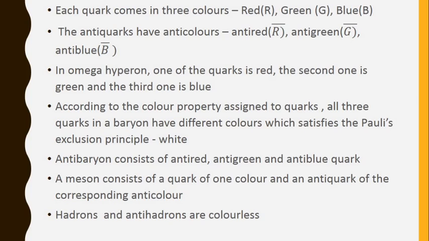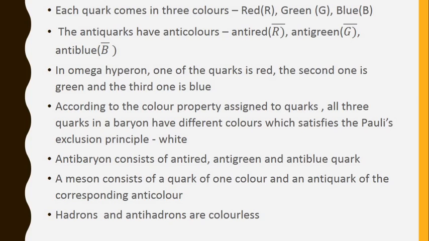So in the omega minus hyperon, we have three quarks, which means one of the quarks will be red, another will be green and the third one will be blue. So three s quarks all have the same spin half h cut, but their color is different, which means they can reside in the same state.